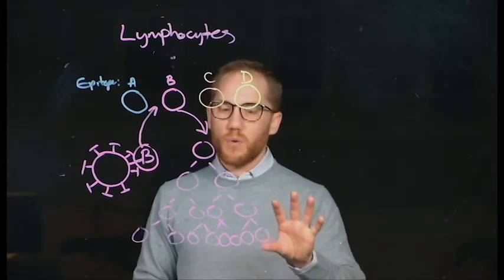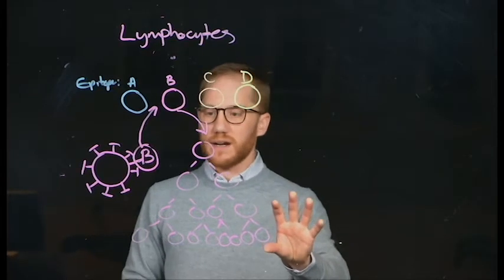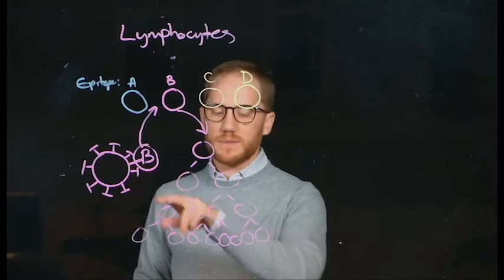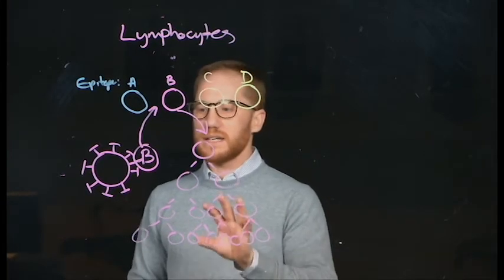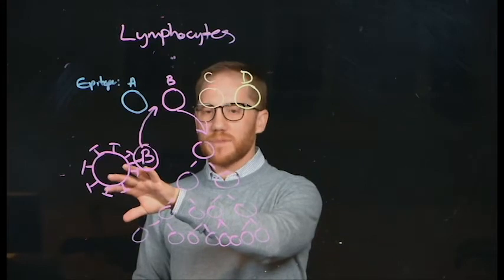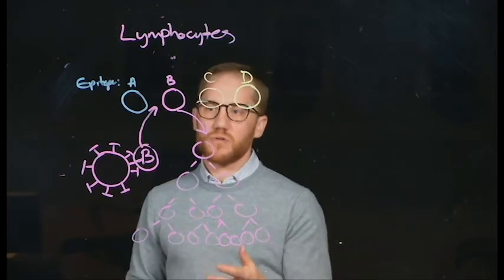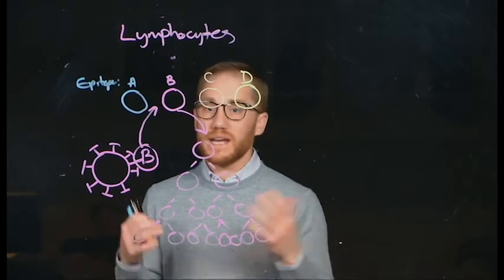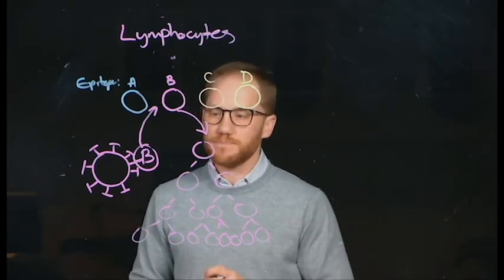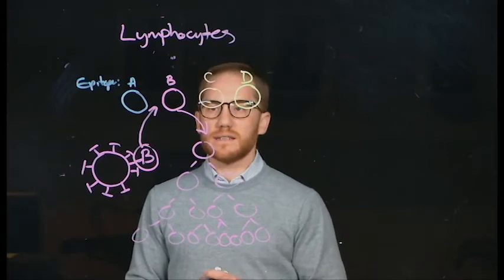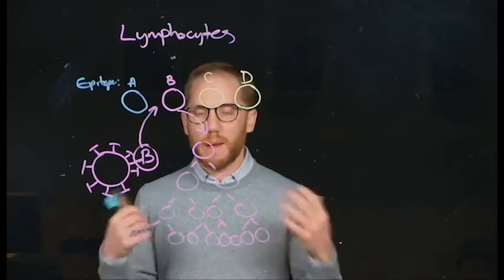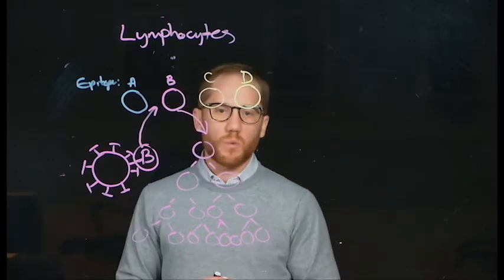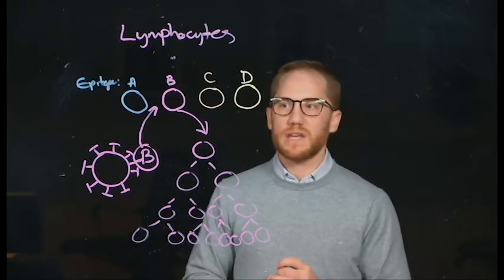The reason this is important and helpful to the dog is that these B epitope specific lymphocytes can attack this virus and result in it being destroyed. If you don't have a B specific lymphocyte here, then you might not even be responding to this virus. The good thing is that because your body has such a huge repertoire of epitopes that it recognizes, usually there is at least one lymphocyte that can respond to that specific epitope.